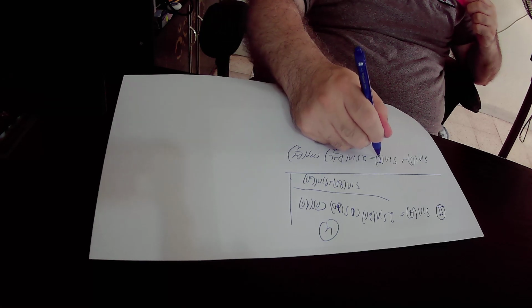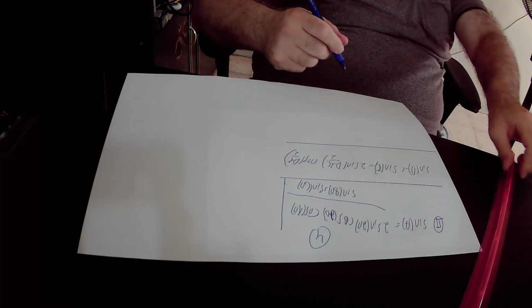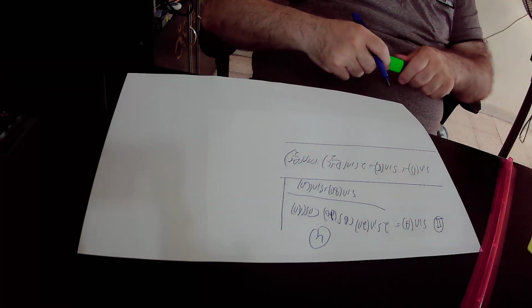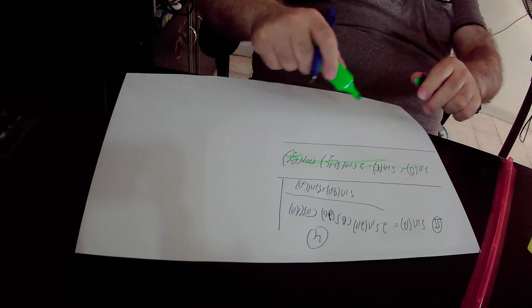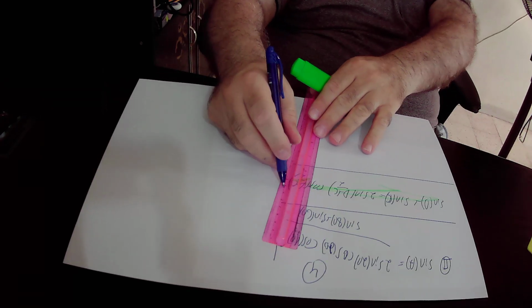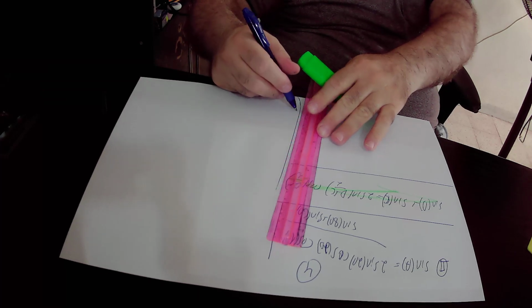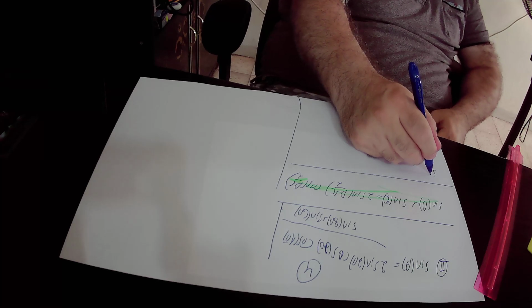We use this trigonometric identity to find the value of sinus 80 degrees plus sinus 60 degrees.